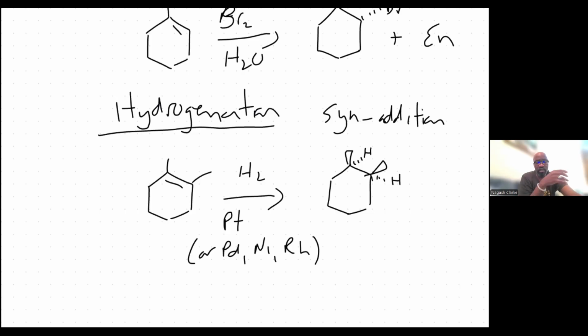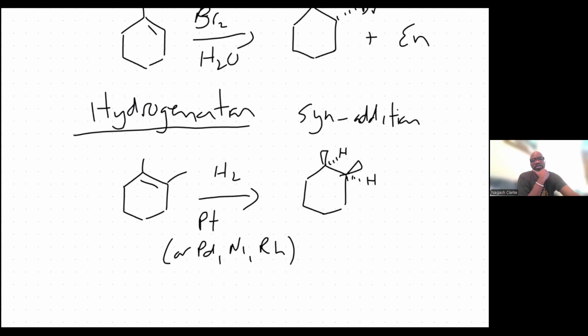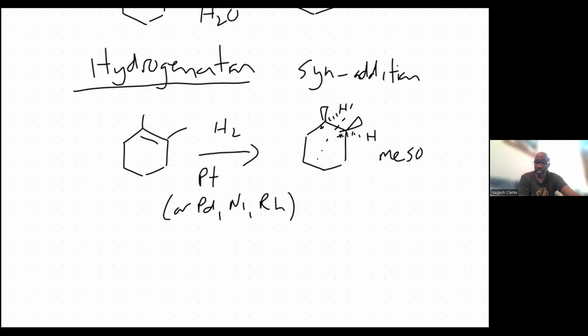Now this wouldn't give me an enantiomer. Why would this molecule not give me an enantiomer? Pause and think about it. Exactly, because this molecule, though it has chiral carbons, has a line of symmetry. So this is meso, right? So there are no enantiomers. But I will not form the trans version of this because the hydrogen only adds to the same side.